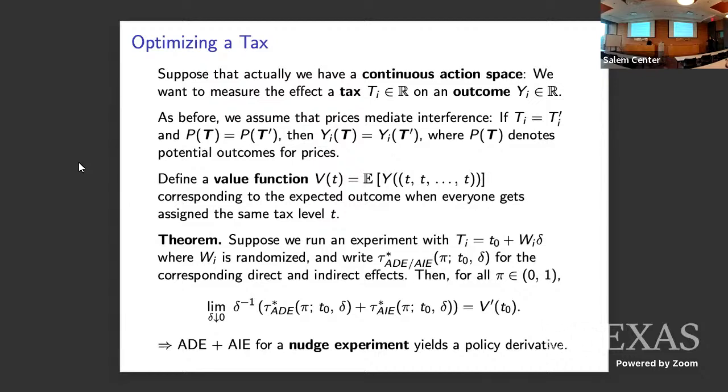Let's say in this continuous action space, you embed a binary experiment. Some people get a baseline tax level T0, and some people get randomly higher taxes T0 plus delta, where you randomize who gets higher or lower taxes. Again, this is a thought experiment using familiar language. The government is not going to run RCTs on taxes.